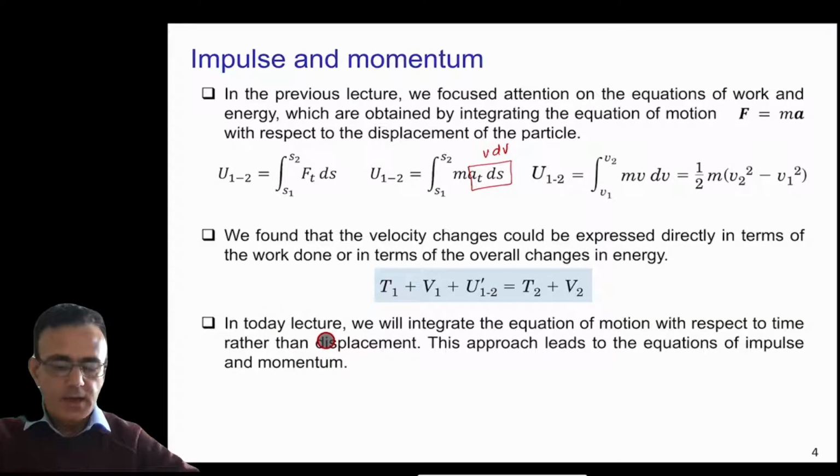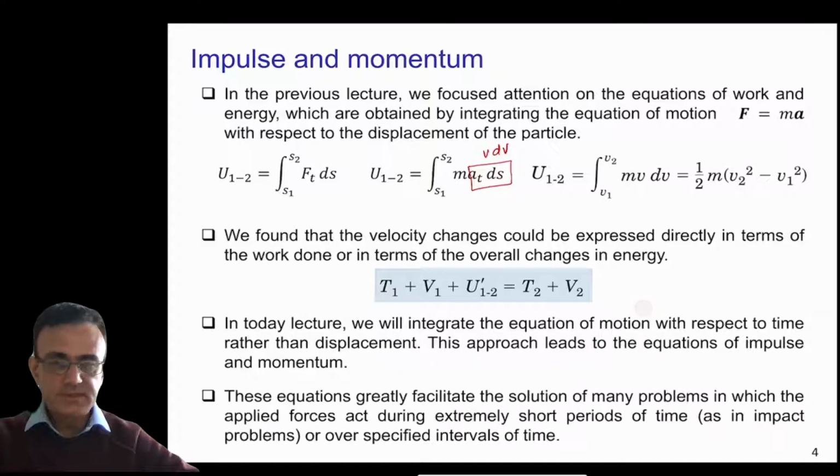But in today's lecture, we will do it a bit differently. We will integrate the equation of motion with respect to time. Here you integrated with respect to displacement or velocity, but now we will integrate with respect to time. And this approach leads to the equation of impulse and momentum. You will see this in a minute.